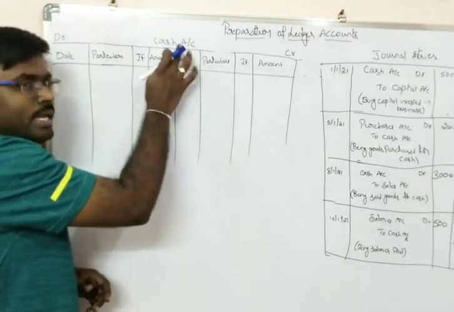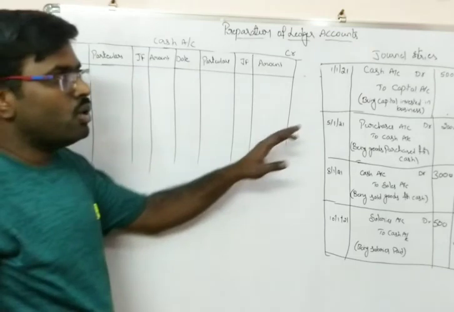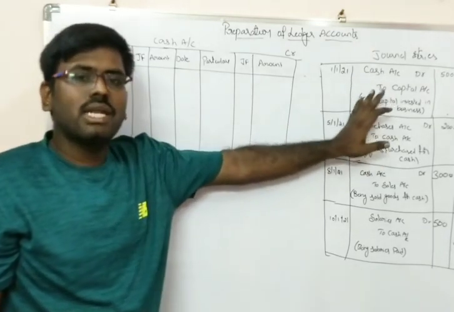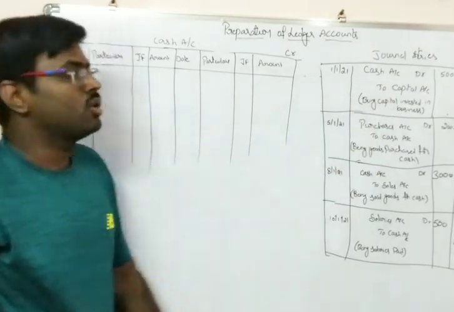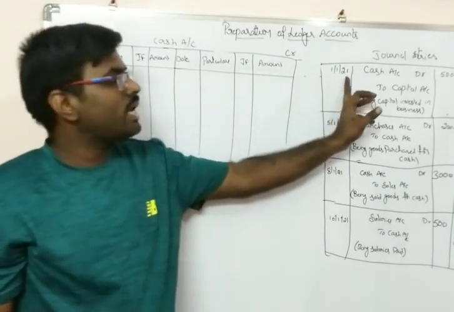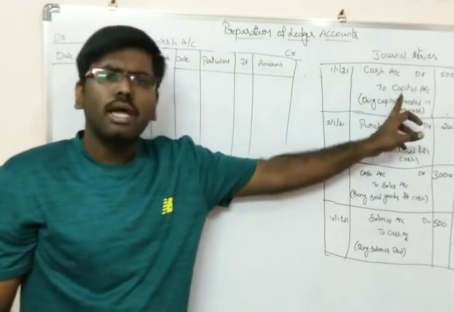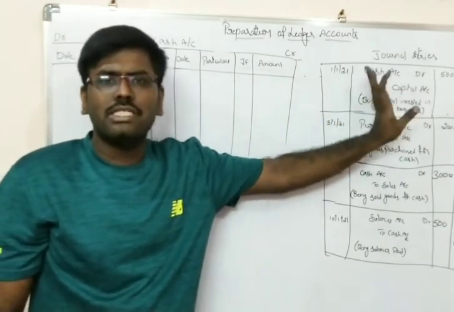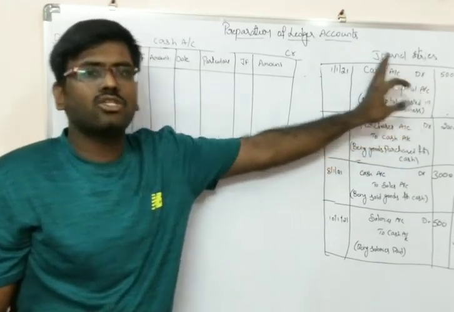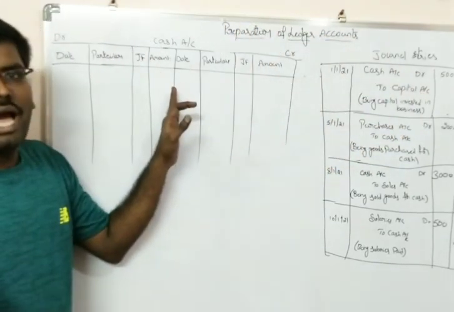If I am preparing the cash account, I have to take the journal entries which are related to the cash account. The first transaction is cash account debit to capital account. Here cash account is involved, so this journal entry should be posted into the ledger account.